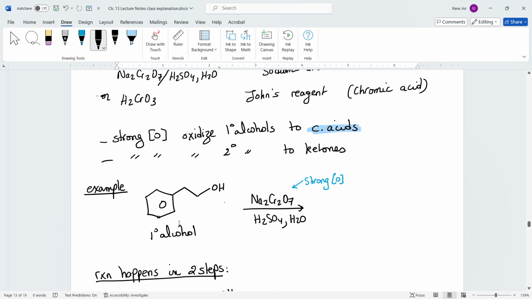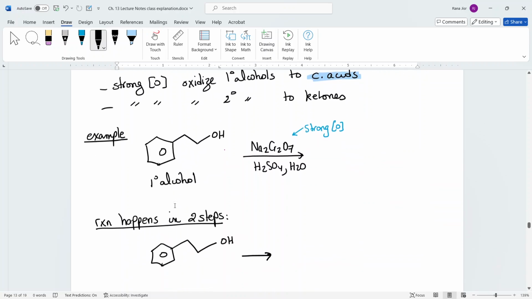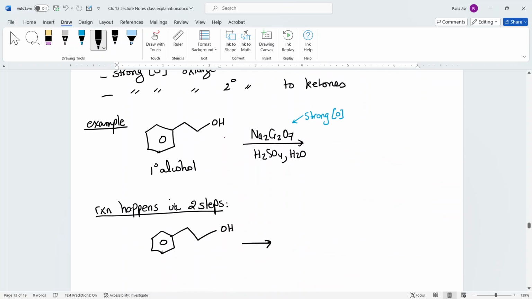What matters is that you need to know what type of alcohol you are starting with to see if you're going to get a carboxylic acid or a ketone. If you're starting with a primary alcohol, this is what's going to happen. With the primary alcohol, the reaction is carried over two steps.